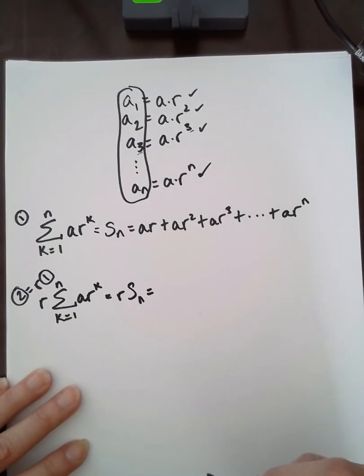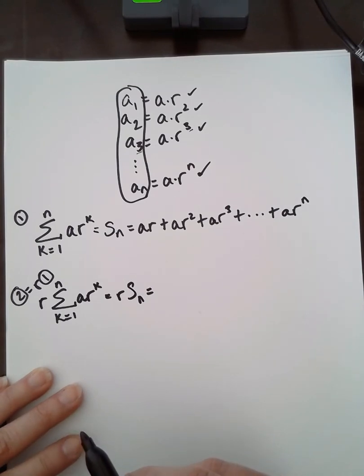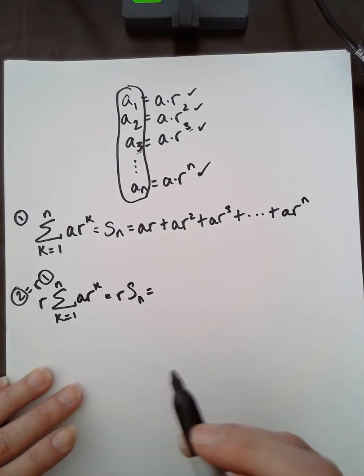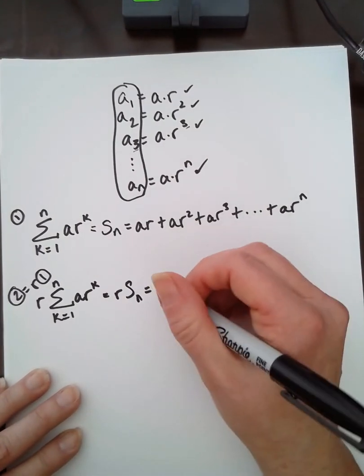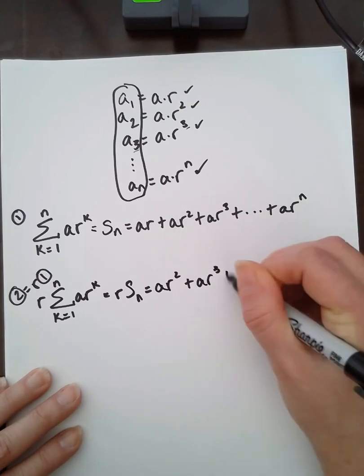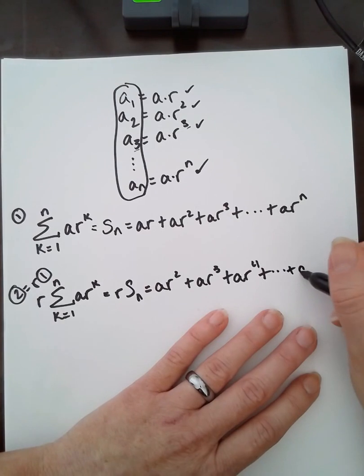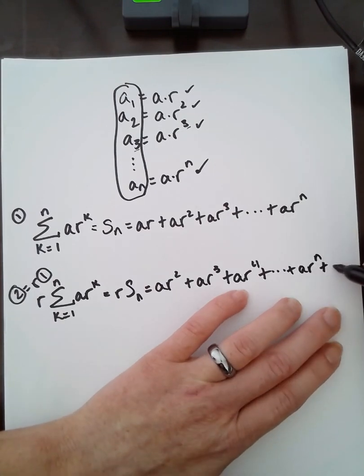Using the distributive property, I'm going to increase each power of r by 1. So this will be ar squared plus ar cubed plus ar to the 4th plus dot dot dot plus ar to the nth plus ar to the n plus 1.